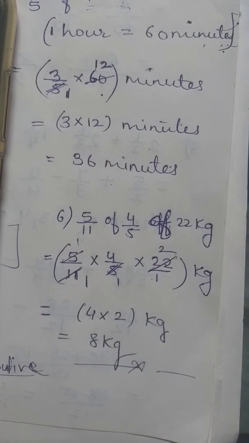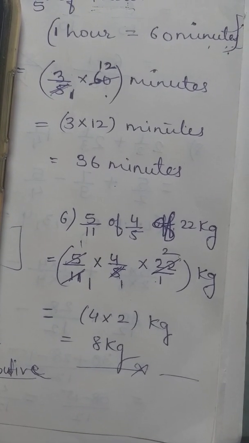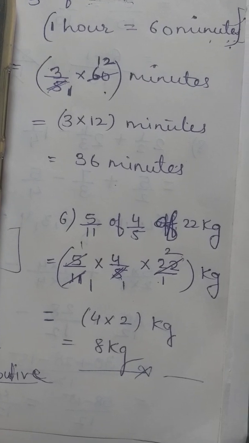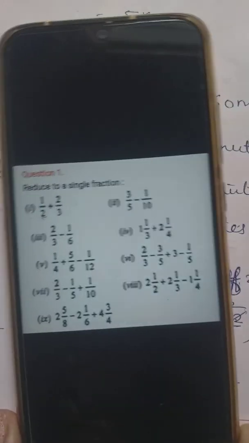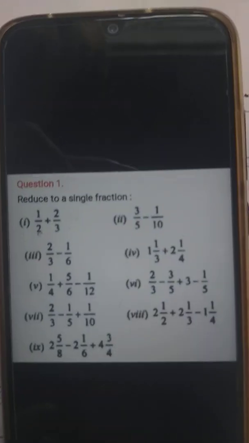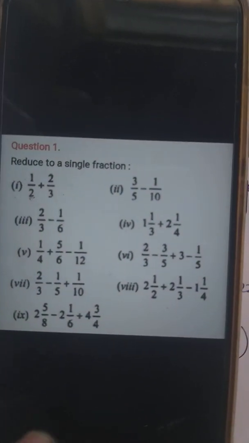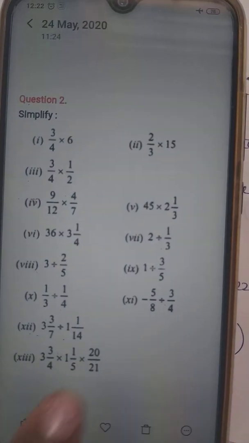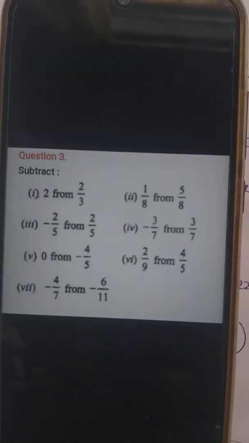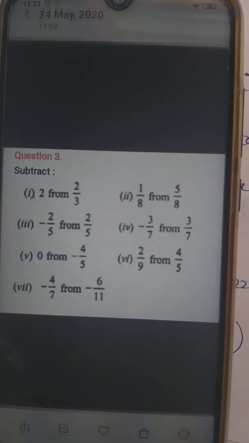Now what you have to do is all the sums which we have left from question number 1. Question number 1, the remaining sums you have to do. Then question number 2, remaining sums. And then question number 3, remaining sums.